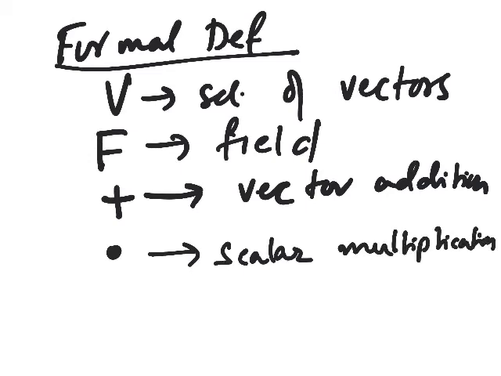What is a field? A very, very crude definition of a field would be what? A field is a set, okay? A field is a set with 2 operations. I don't want to go to the formal definition of a field, but in a crude manner, what is a field?